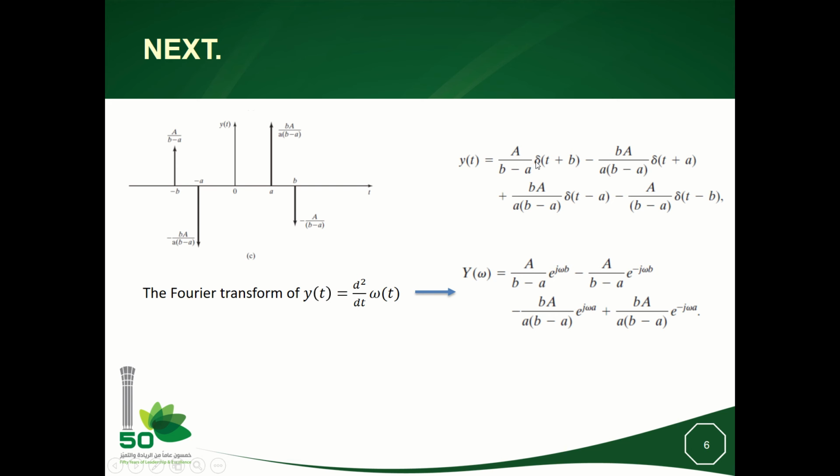Here, the Fourier transform of delta of t plus b is exponential j omega b, with a constant. The Fourier transform of delta of t minus a is exponential of j omega a, and the rest will also be exponential functions that depend on a and b.